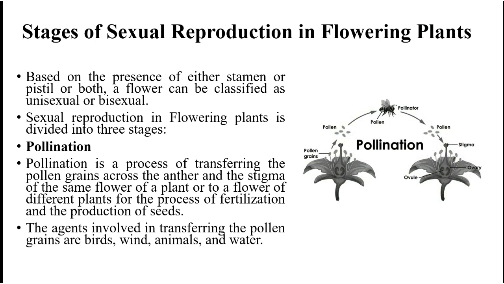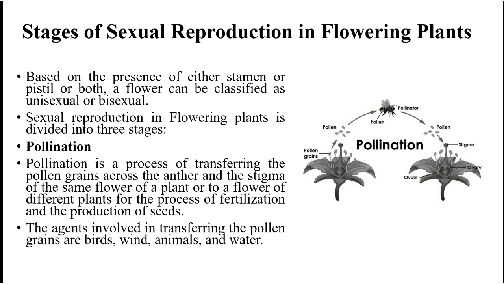When the pollen grain is transferred to the female reproductive part of the same flower, it is called self-pollination or autogamy. When the pollen grain is transferred to the female part of another flower borne on the same plant, it is called geitonogamy.